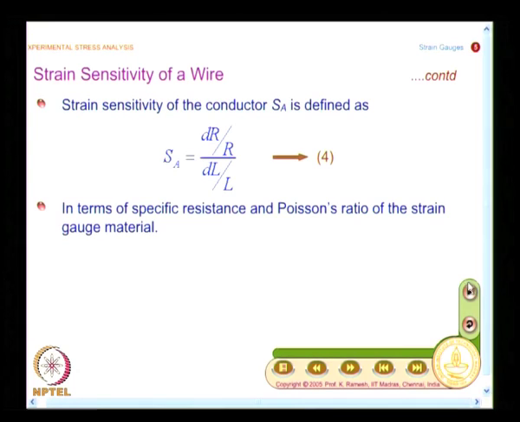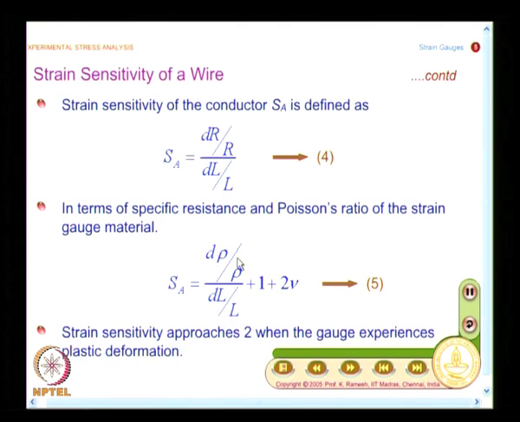Then you will attach the necessary importance to strain gauge instrumentation, that is a catch. And I can recast this expression in terms of the specific resistance as well as the Poisson's ratio. So, what I have is S A equal to d rho by rho divided by dl by l, plus 1 plus 2 nu.